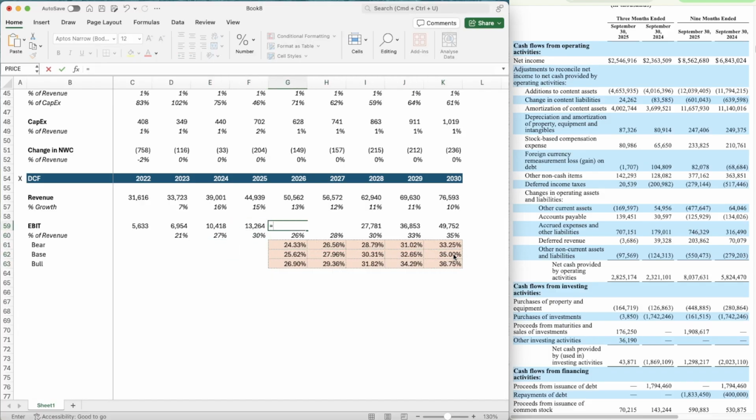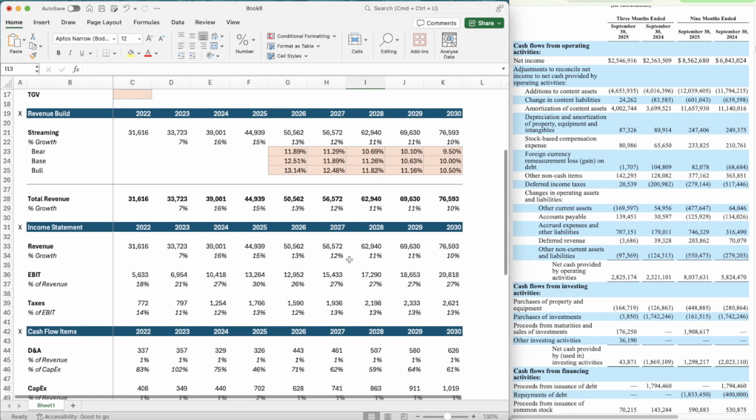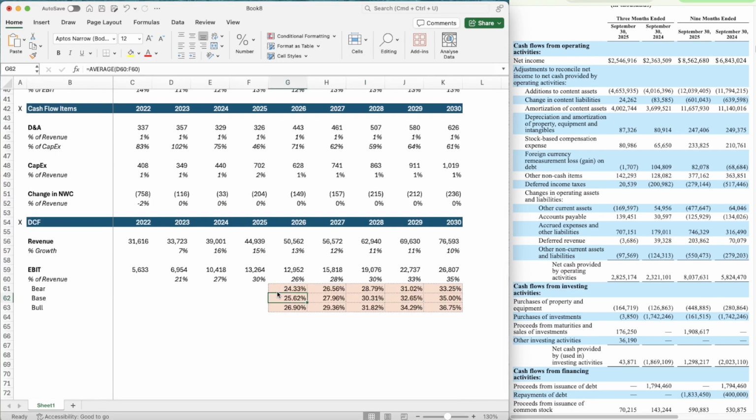This needs to change now, so the EBIT is the revenue multiplied by the EBIT margin. Pull that across. This needs to go to, well, let's put this at 90% because it could go either way, and this one at 110. I think there's probably a lot more volatility on the margin rather than the revenue.